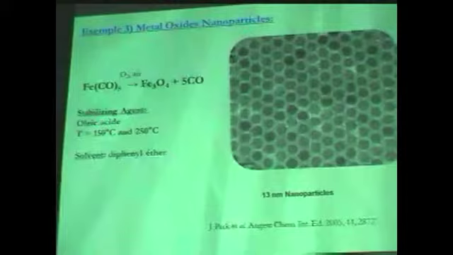This is a plateau. In diphenyl ether, we can obtain also nice nanoparticles of 14 nanometers by using this method, following this publication.